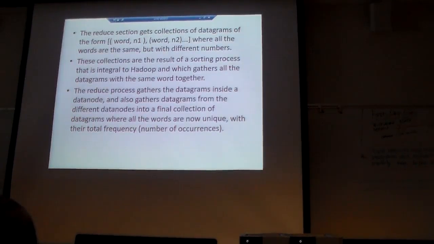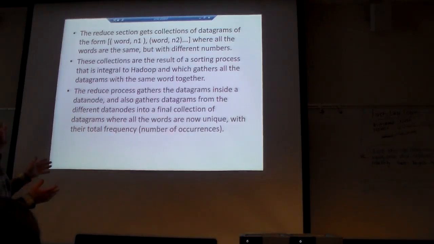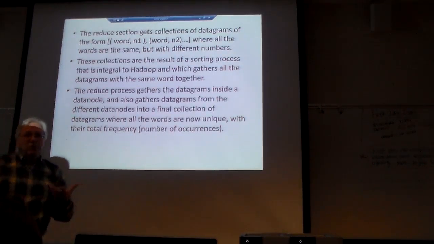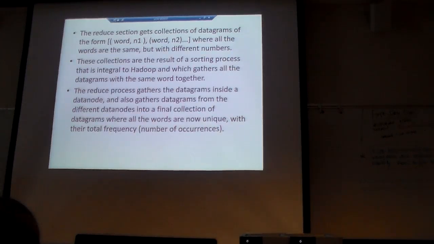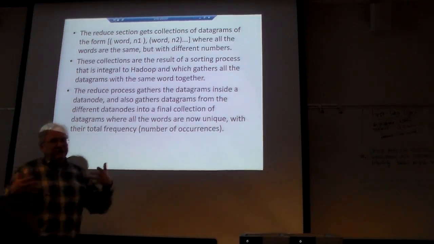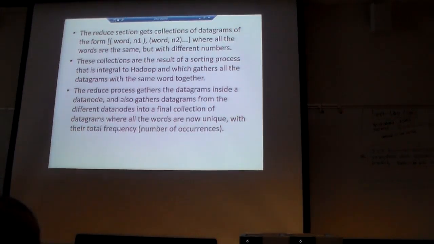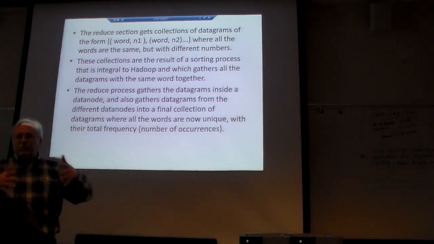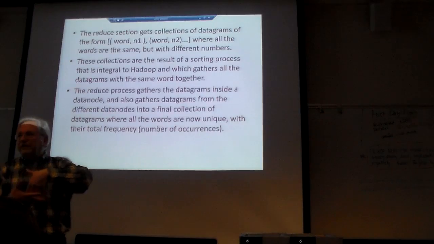And then the third phase, the reducer, which is going to do the same thing as the combiner, it gets these collections of datagrams, which are all stored in files all over the place. And instead of being a whole bunch of ones, presumably lots of them will be 2s and 10s and 20s, and it'll add them all up. And then there's the sorting process, and that's one of the added values of Hadoop. If I gave you this long file with all those words with counts on them, how would you go through them all, sort them all, and combine them back together again to get grand totals?